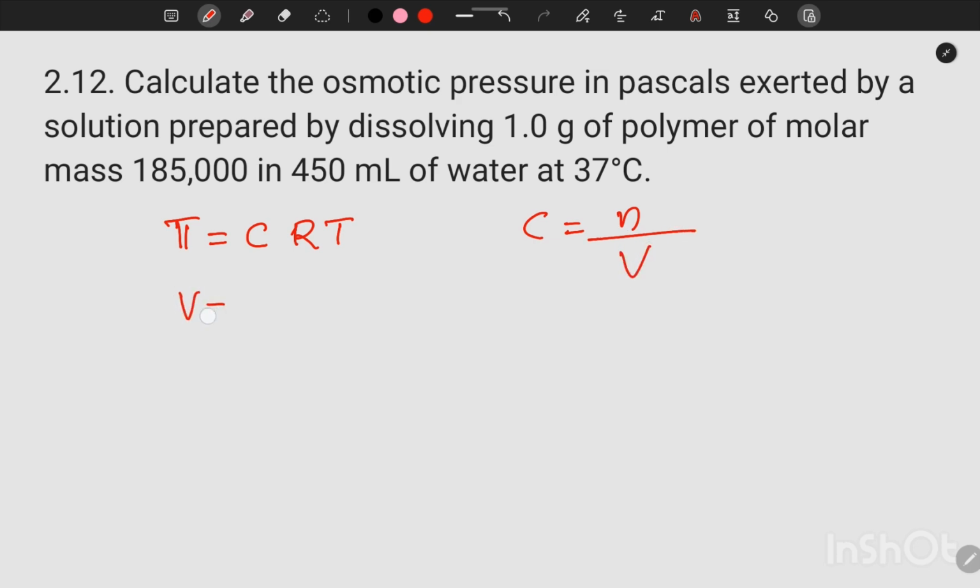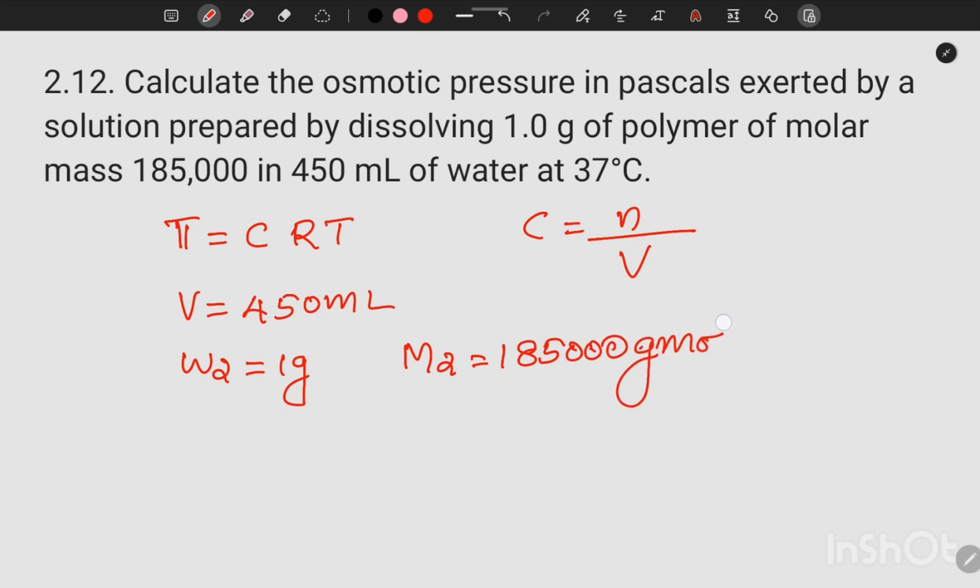Volume is given as 450 ml. Mass of solute is equal to 1 gram. Molar mass of solute is equal to 1,85,000. Temperature is given as 37 degrees Celsius. So we can convert into Kelvin by adding 273. So 310 Kelvin.